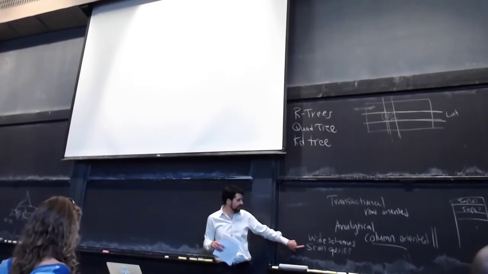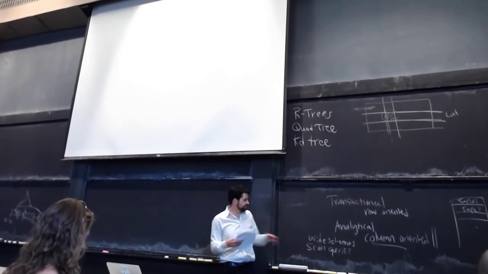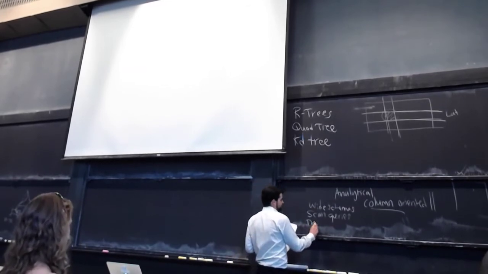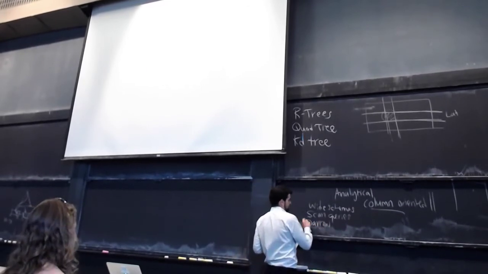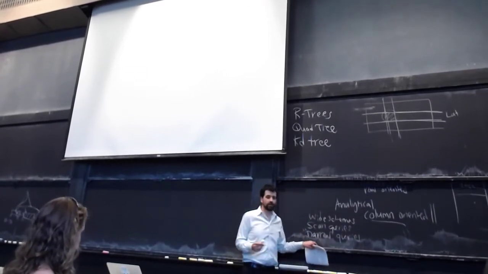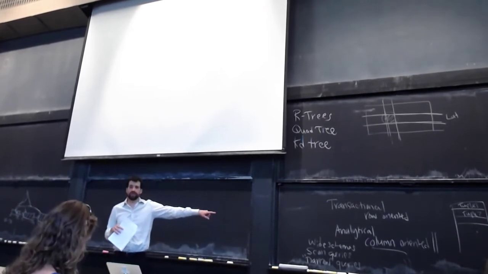The third property that's relevant here is that the queries themselves are often relatively what I would call narrow. By narrow, I mean they don't look at all those hundreds of attributes.